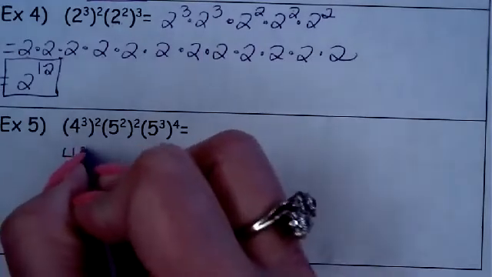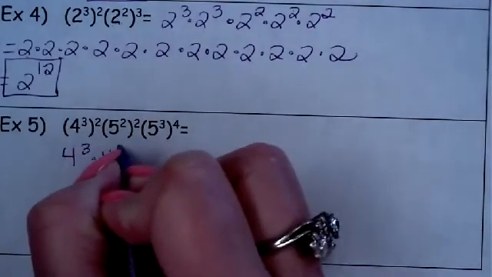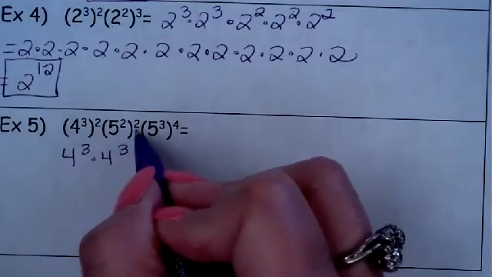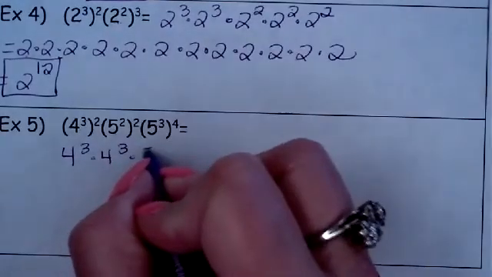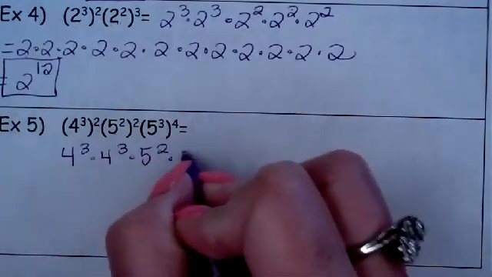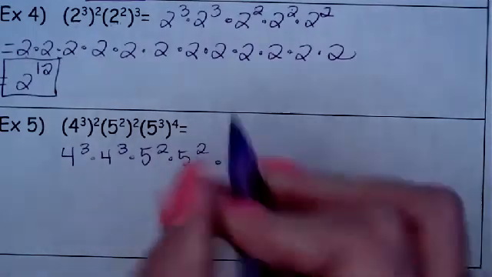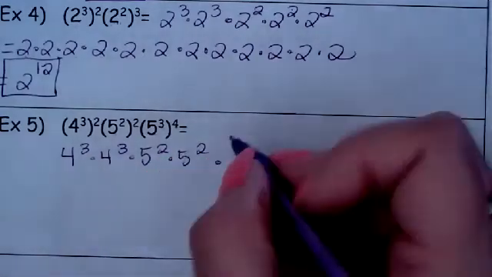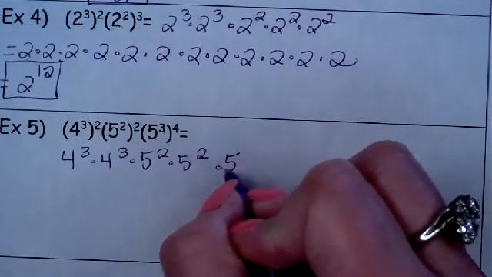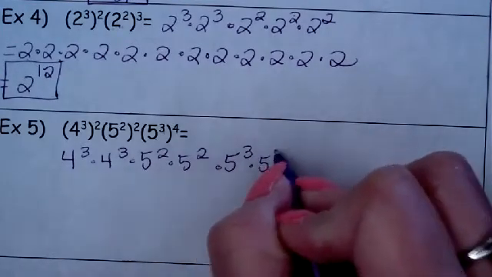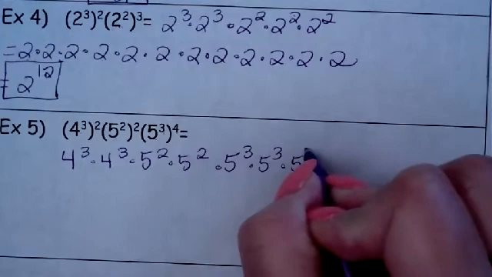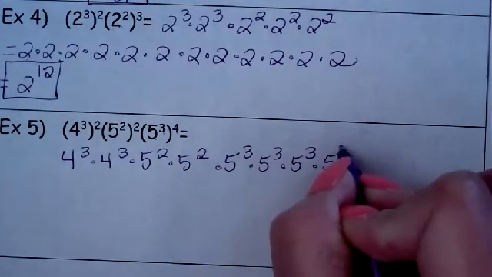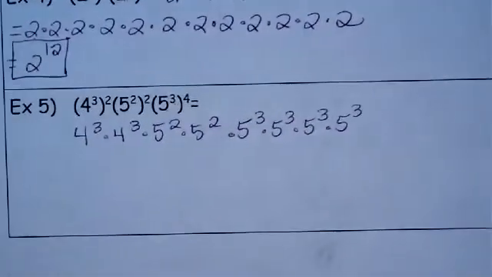That means 4 to the third times 4 to the third. 5 to the second power means 5 squared times 5 squared. Now, 5 to the third to the fourth power, that means 4 of these. So 1, 2, 3, 4.